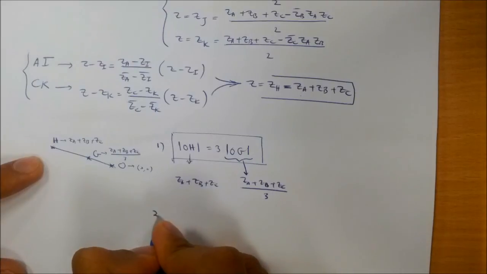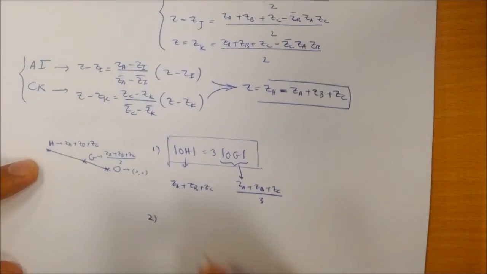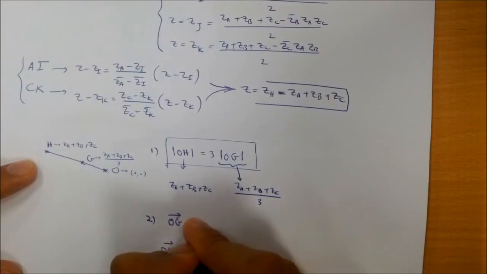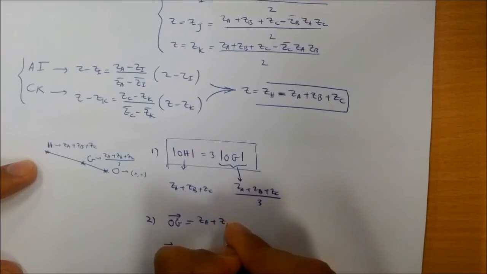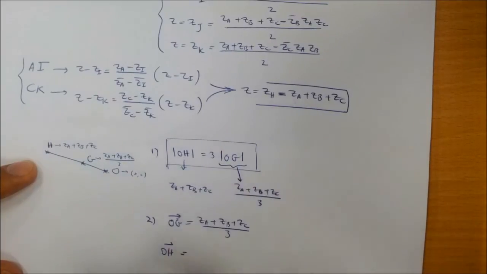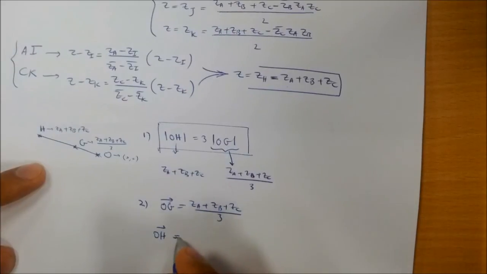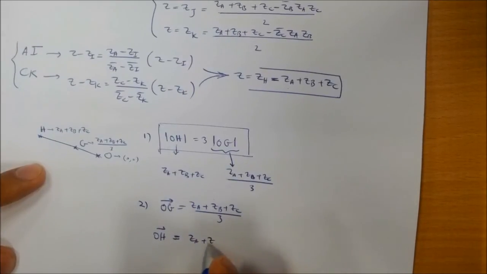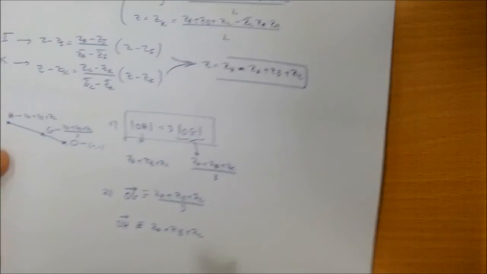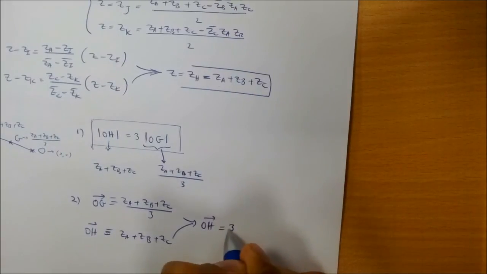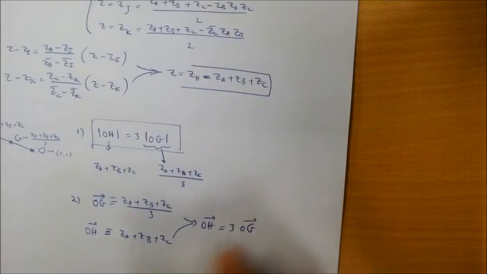And the second result is that if we consider the vector OG and the vector OH, OG will be simply ZA plus ZB plus ZC over 3. This is the representation of the vector OG in the complex plane. And OH corresponds to ZA plus ZB plus ZC. So we observe that OH is 3 times OG.